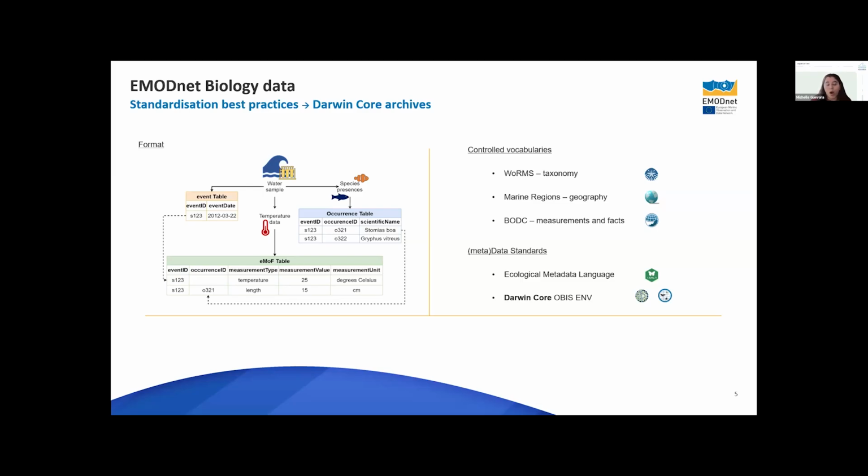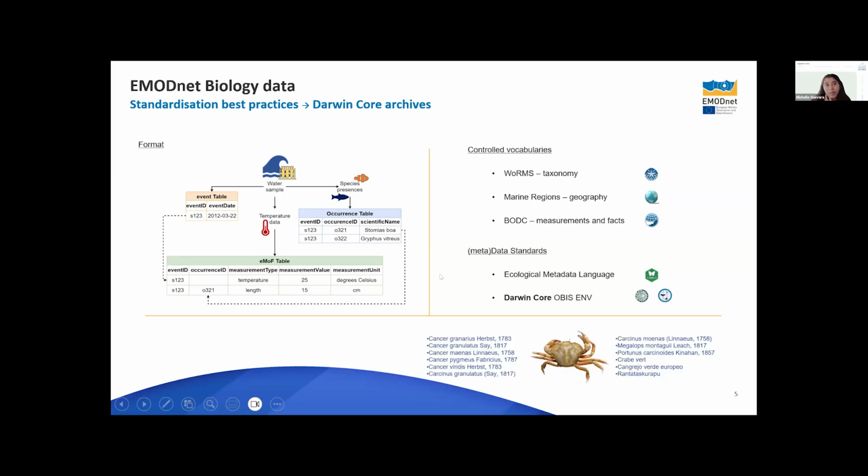But why use these standards and vocabularies? So if we take, for example, this crab, many of us can name it in different ways, but it still has its scientific name. And in taxonomy, it can be quite complex. So a particular species can have several scientific names, some which are unvalidated or unaccepted, but are still in use, even though it's not recommended.